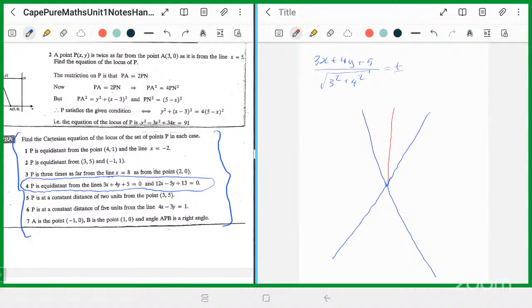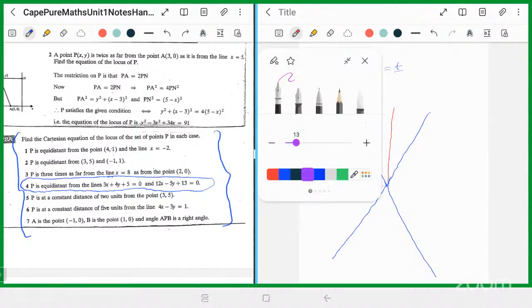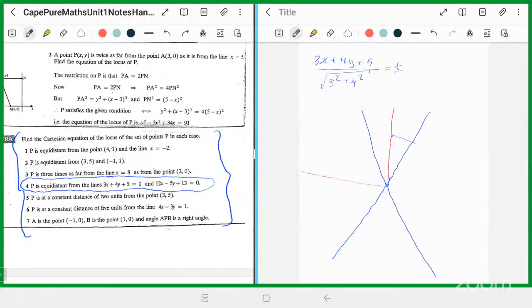But a line passing through them here will also be equidistant between them, because the distance from here to here will be the same, and also the distance from here and here will be the same. So the answer is going to give you two lines like that. So you have to put the plus or minus to account for the two possibilities. Alright.